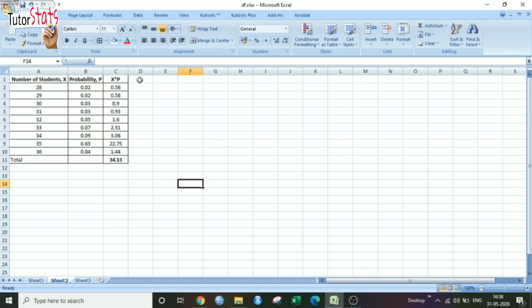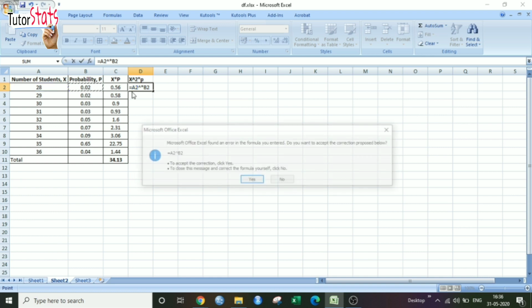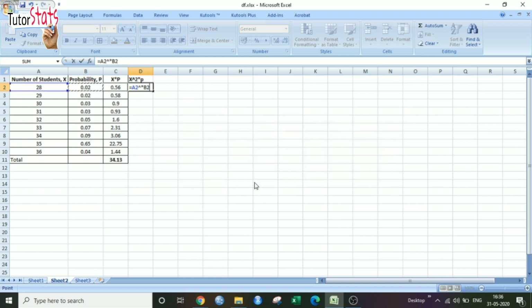We will make another column for x square into p, and here we will take the square value of x into probability, so squaring the x value and multiplying by probability, right?